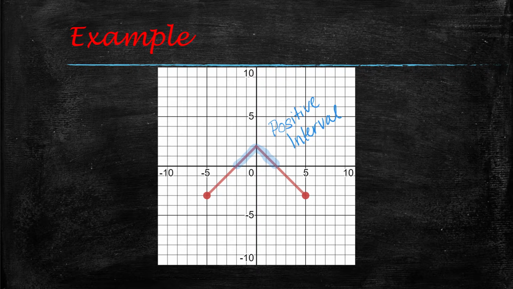Okay, and the negative interval is going to be the part that is below the x-axis. So it's going to be this side here and then also this side. So you don't have to have just one interval, it's just any piece that is below the x-axis. So this would be considered negative intervals.